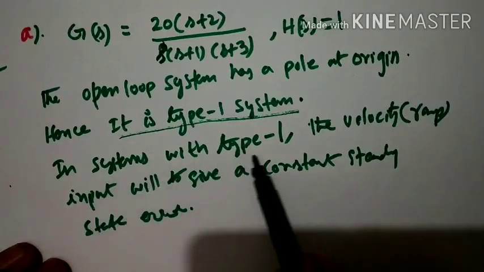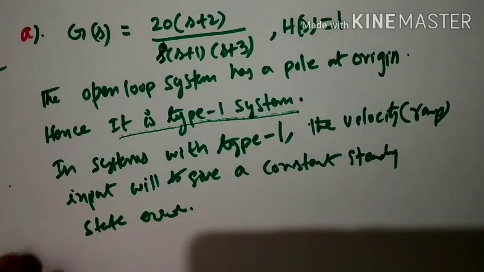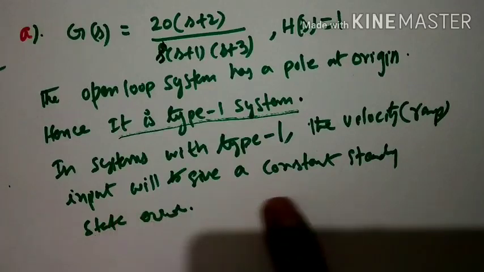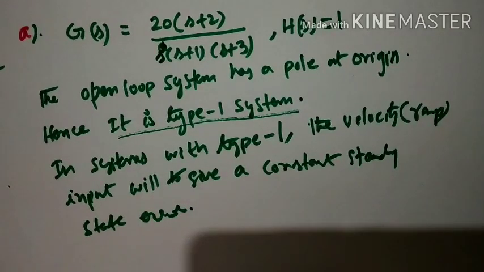So in systems with the type 1, what happened? The velocity or ramp input will give a constant steady state error.